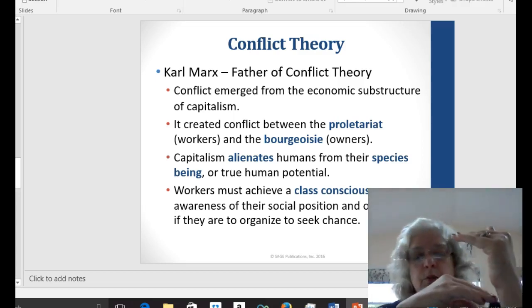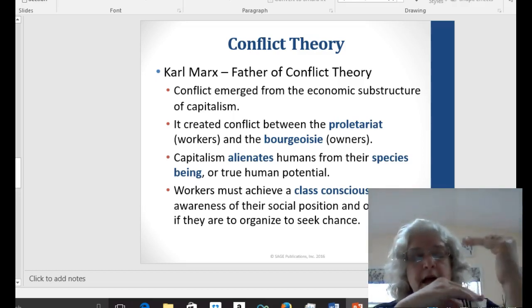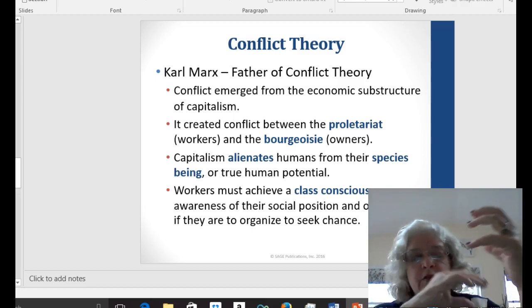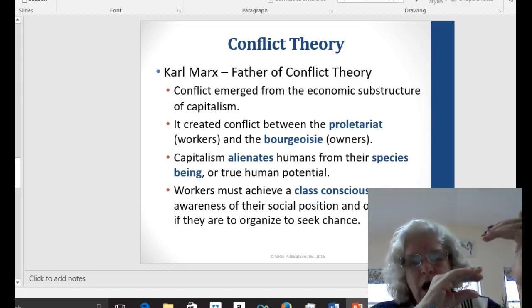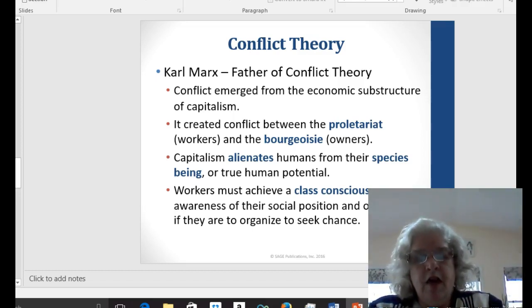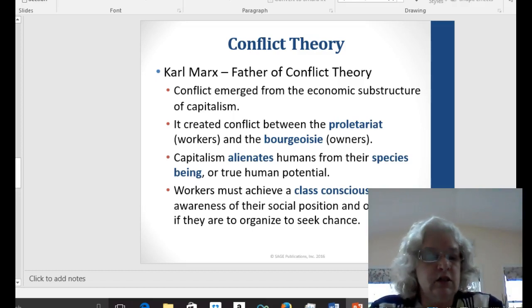He talks about the bourgeoisie and the proletariat, and the conflict between them, and the fact that the bourgeoisie is a smaller group, but they are the power, and that they take away that ability for the masses, so that you end up in that class-conscious situation.